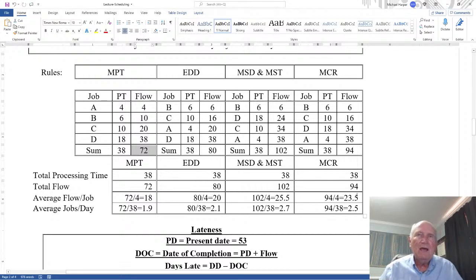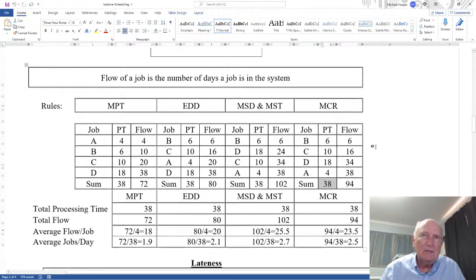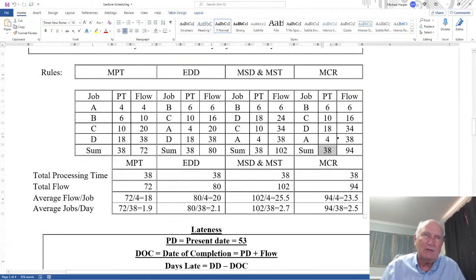Okay. Therefore, if I divide by 4, which is constant, and also the processing time of 38, 38 is always the processing time in an n by 1 system, regardless of the schedule. Interesting. Good properties to remember.